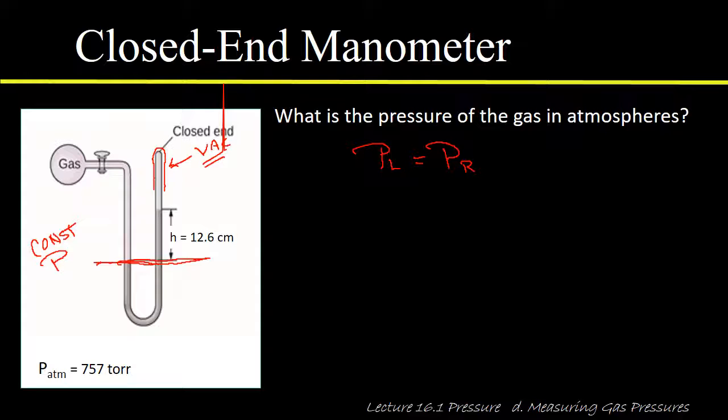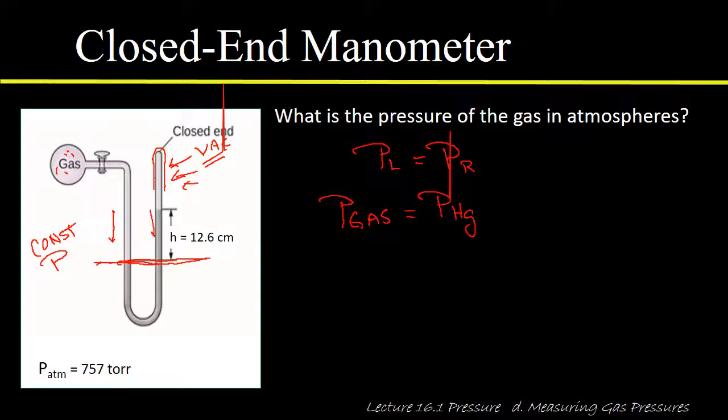And if we look at what's pushing down on both sides, on the left side, the pressure of the gas is pushing down on the surface of the mercury. So we've got the pressure of the gas. And on the right-hand side, we've got this column of mercury. So we've got the pressure of the mercury. Okay? And because there's a vacuum up here, there's nothing else pushing down on the right-hand side. All we have is that column of mercury.